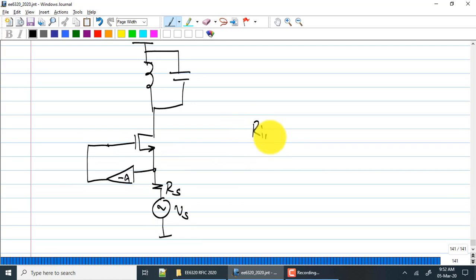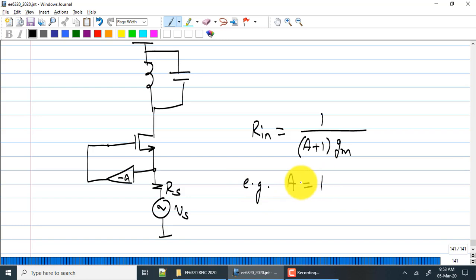Okay. So for example, if A was 1, if you just had an amplifier of gain minus 1 going from the input to the gate of the transistor, the input impedance will just become half of what it used to be. The input impedance is 1 over 2 Gm.